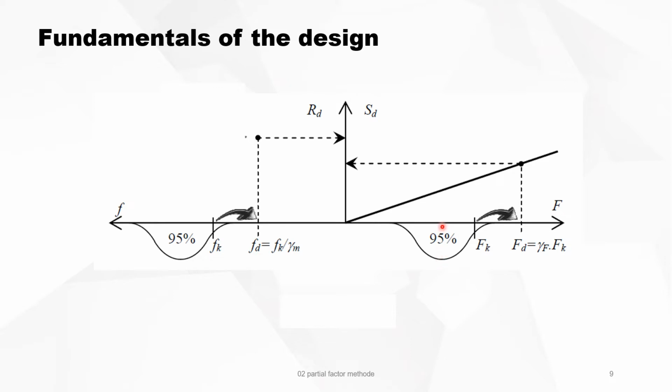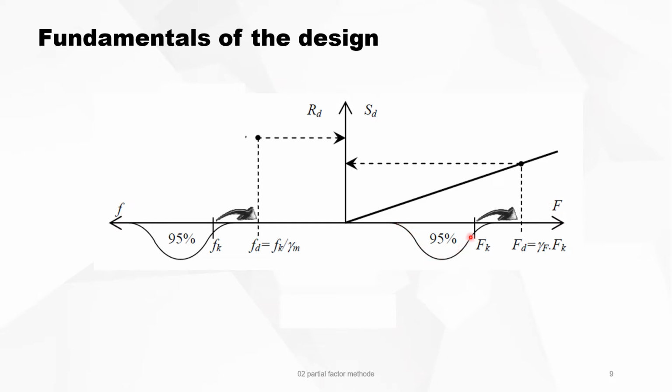And if you take the 95% exceedance value, then you have the definition of the characteristic value of this load. If you start from this characteristic value and you multiply with the safety factor, you have the design value of your force. So it is important to understand this.